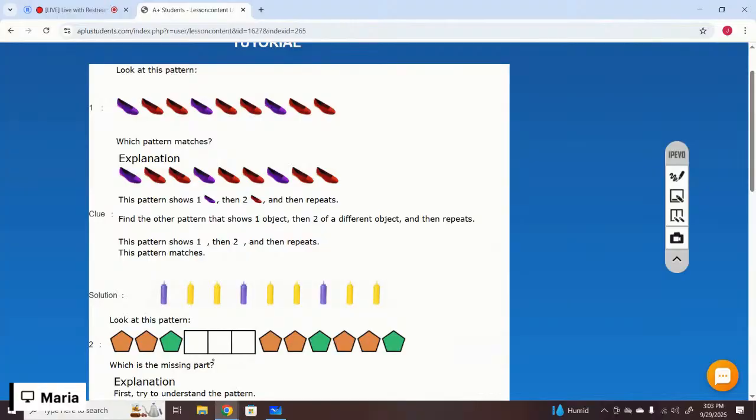So we have to find the other pattern that shows one object and then two of a different object and then repeats. This pattern shows one and then two and then repeats. This pattern matches: one purple and two yellow.